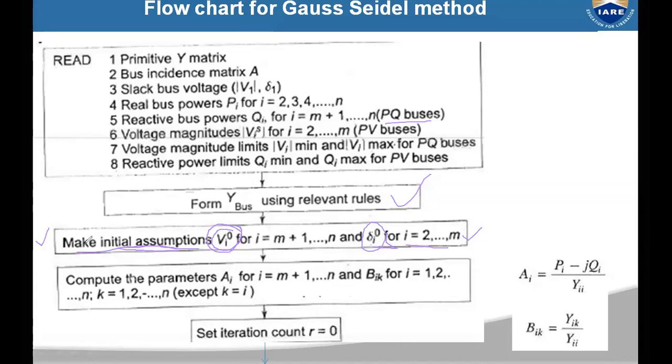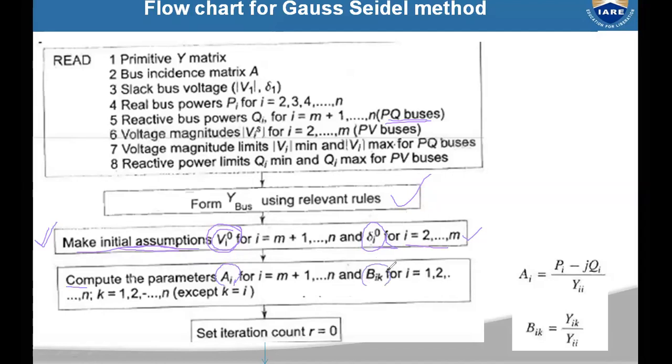Simply saying, you make initial assumptions such that all PQ buses are specified the initial voltage, and all PV buses are specified the delta angle.